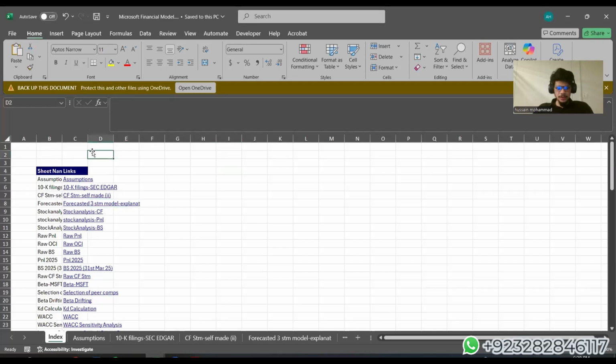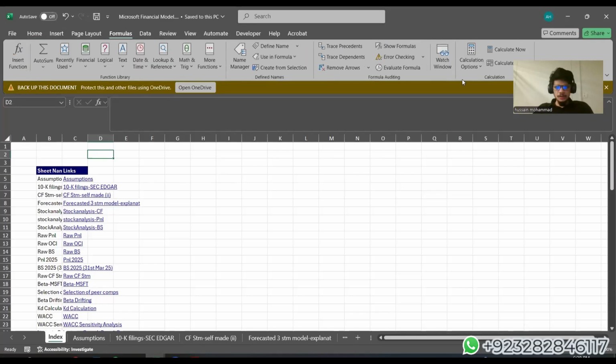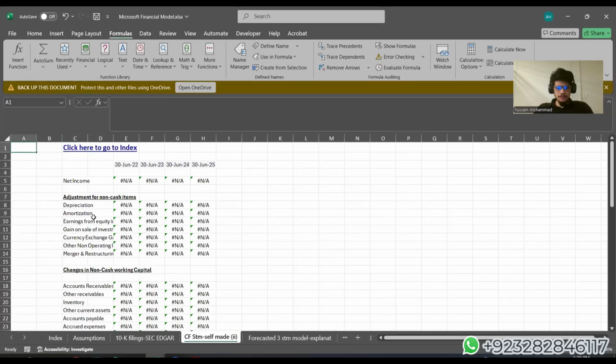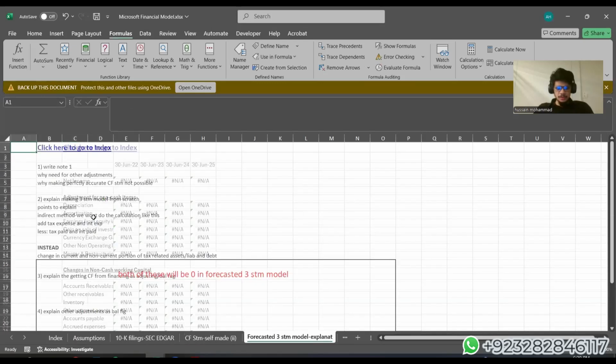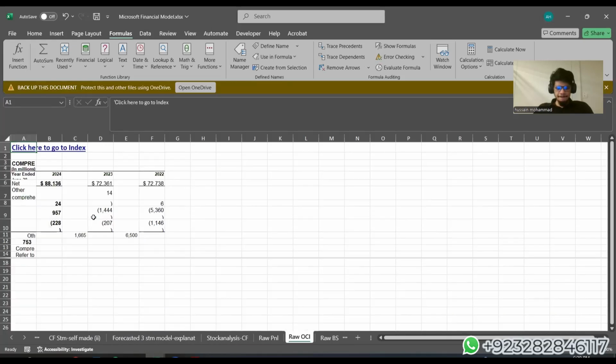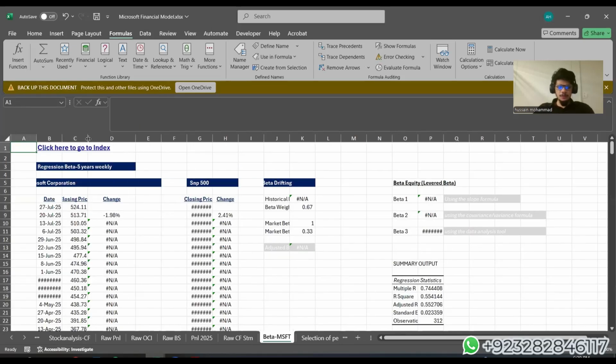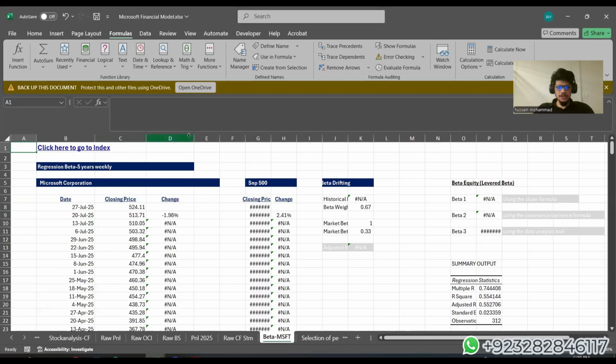Why are the links not working? Or maybe the refresh formula. Anyway, I'll check the links afterwards. For now, we will see the beta. So this is the beta calculation sheet. You will see how we do this calculation, how we make this sheet, in the next class.